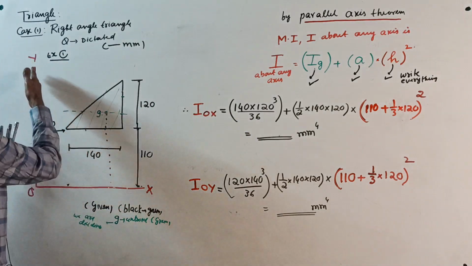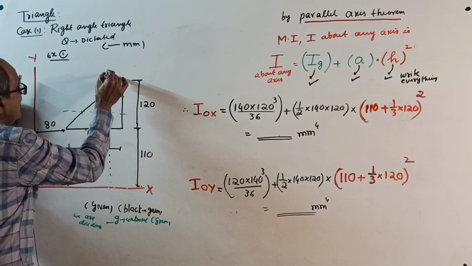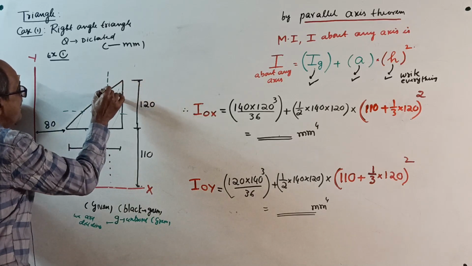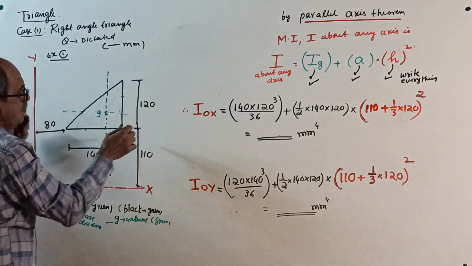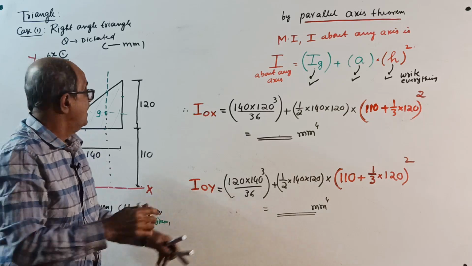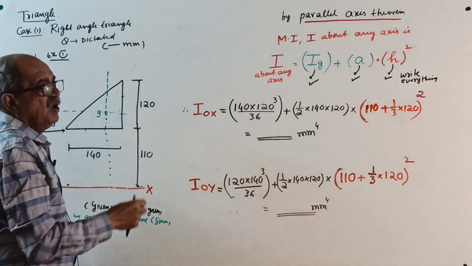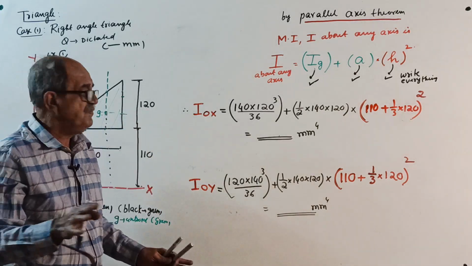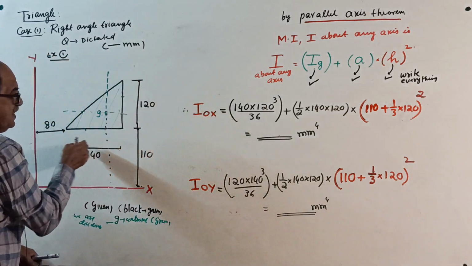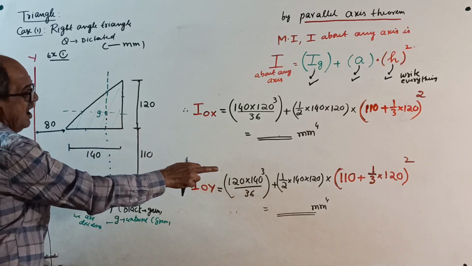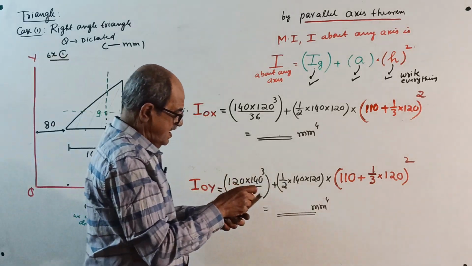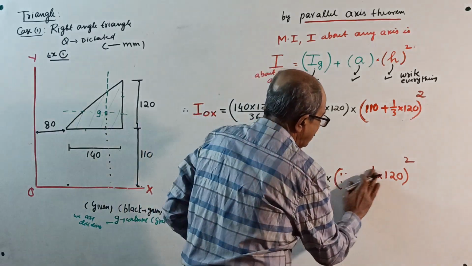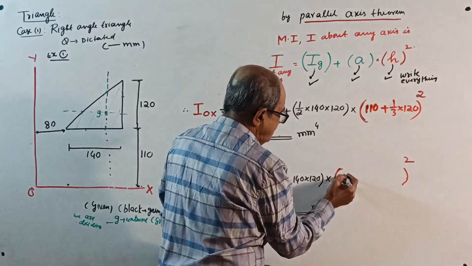I about Oy. See, first about its own centroidal axis, see here, this axis. 120 into 140 cube. This all I won't explain now. Why? Side parallel is 120. This all told many times. 120 into 140 cube by 36 plus area, half into base into height into 80. When I was writing here, I thought I am writing the other way.